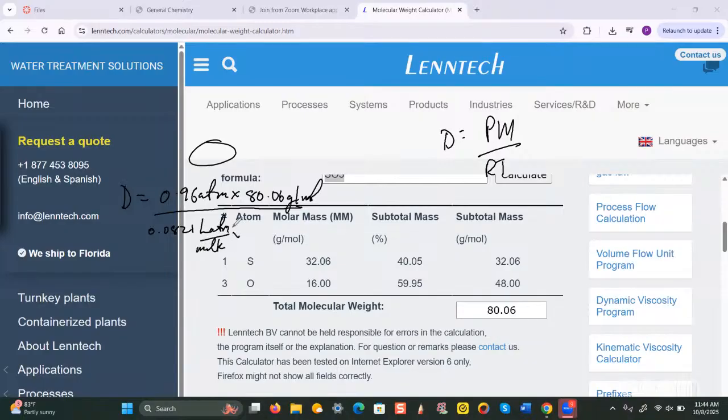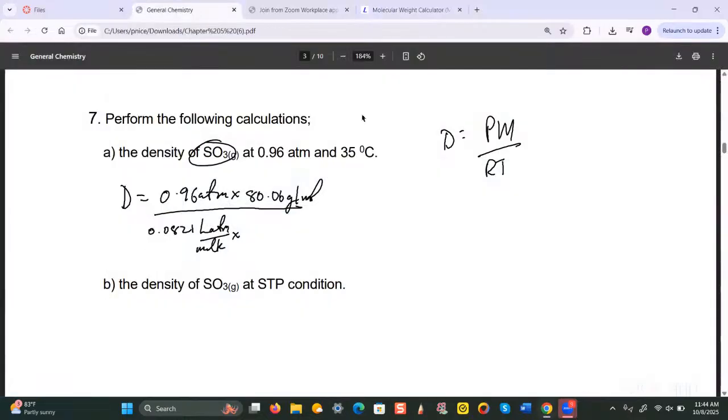Multiply by the temperature. What was the temperature? Let me see here. 35 degrees. So we have to convert that to Kelvin. So 35 plus 273 gives you 308. That goes here. And that's it in terms of the setup.